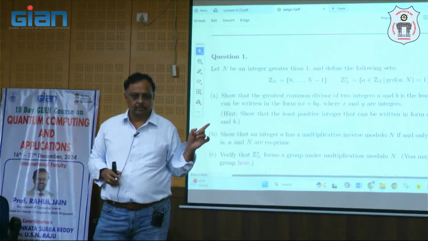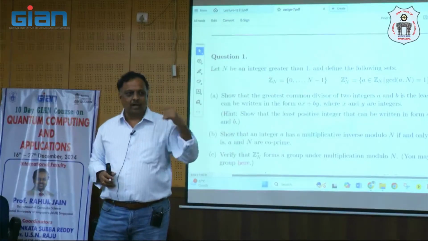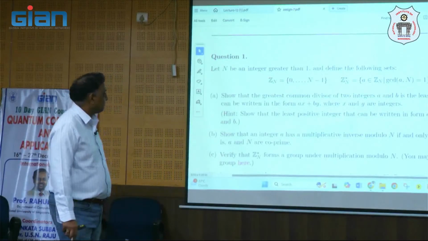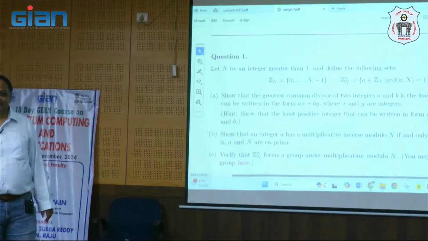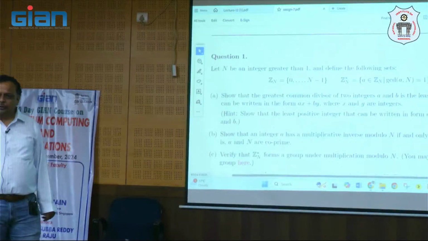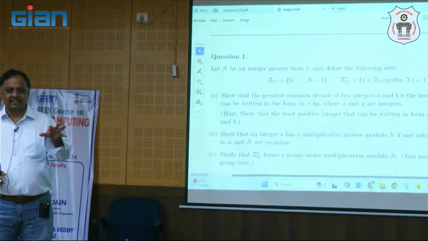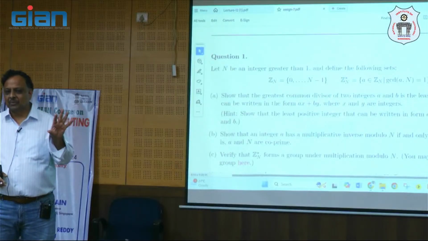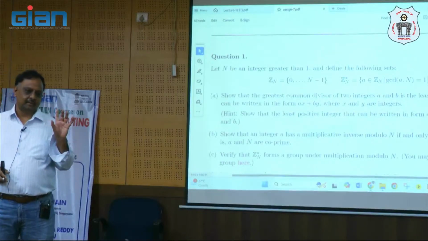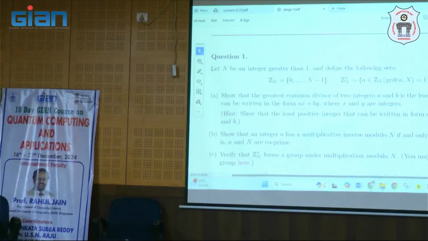By condition, R divides A. Similarly, R divides B. So R divides GCD of A and B, correct. So we saw both the things. GCD divides R, R divides GCD. So R has to be equal to GCD. Clear? Yes or no?